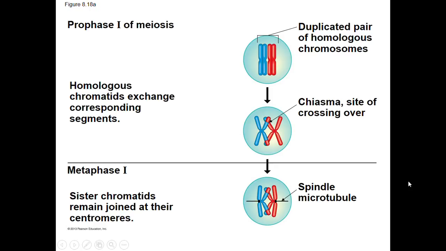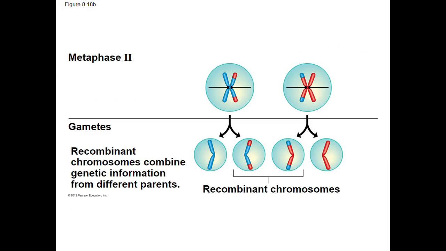And then during anaphase, they get pulled in different directions, except they've exchanged some DNA. Then after meiosis 2, we pull apart each of these, and we've got 4 different possible outcomes. And then these are the recombinant chromosomes, where we've got part of the DNA of one chromosome mixed with the other.